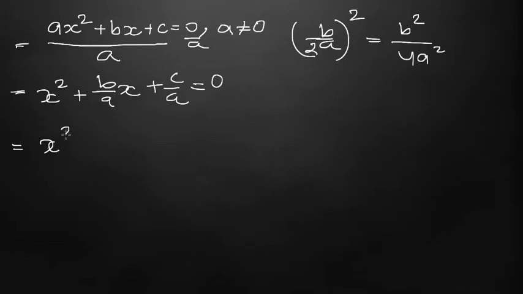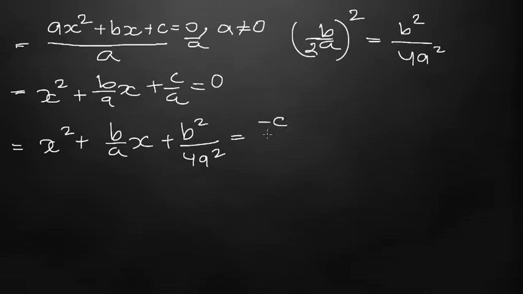So it's going to be x squared plus b over a x plus b squared over 4a squared. That's going to be equal to, bringing this one over here, negative c over a. And because I added this on the left hand side, I have to add it here too, so it's going to be b squared over 4a squared.